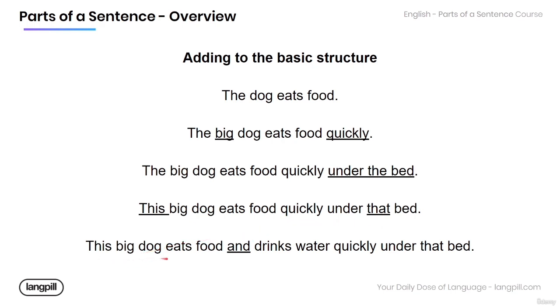This big dog eats food and drinks water quickly under that bed. Okay? So now we're very specific, we're adding multiple sentences together, we're becoming a better English speaker. So this is what we'll learn in the remainder of this course.